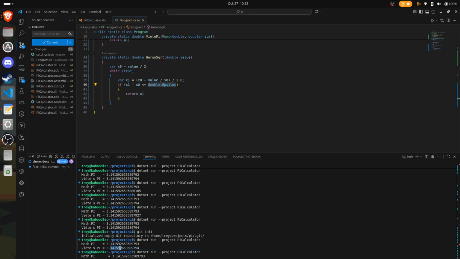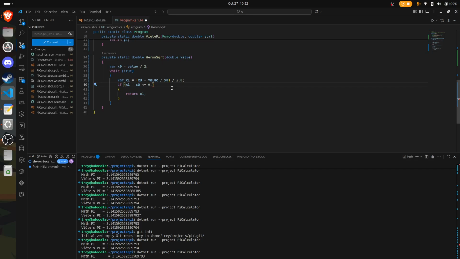How many digits do we have here? 1, 2, 3, 4, 5, 6, 7, 8, 9, 10, 11, 12, about 15 digits. What do I want to put here? Epsilon is too small. 0.1 is too big.